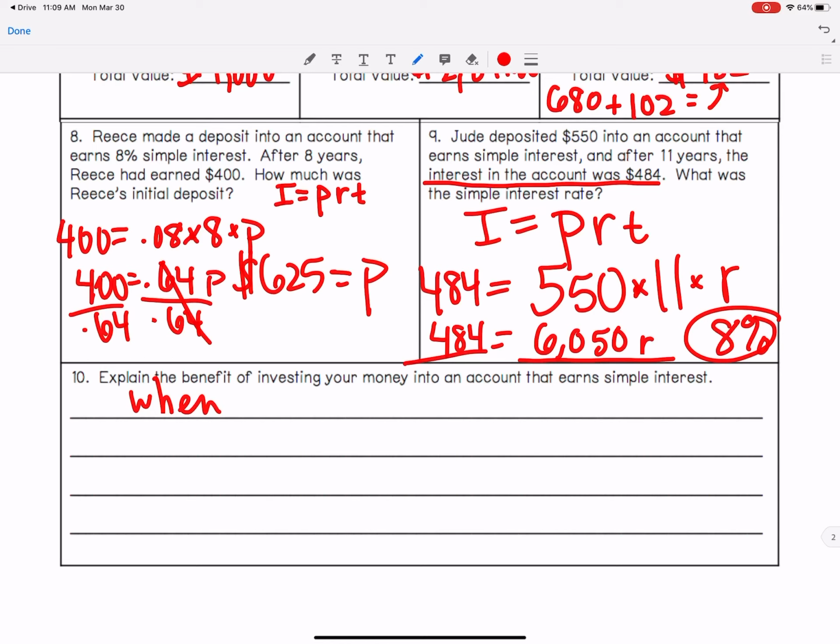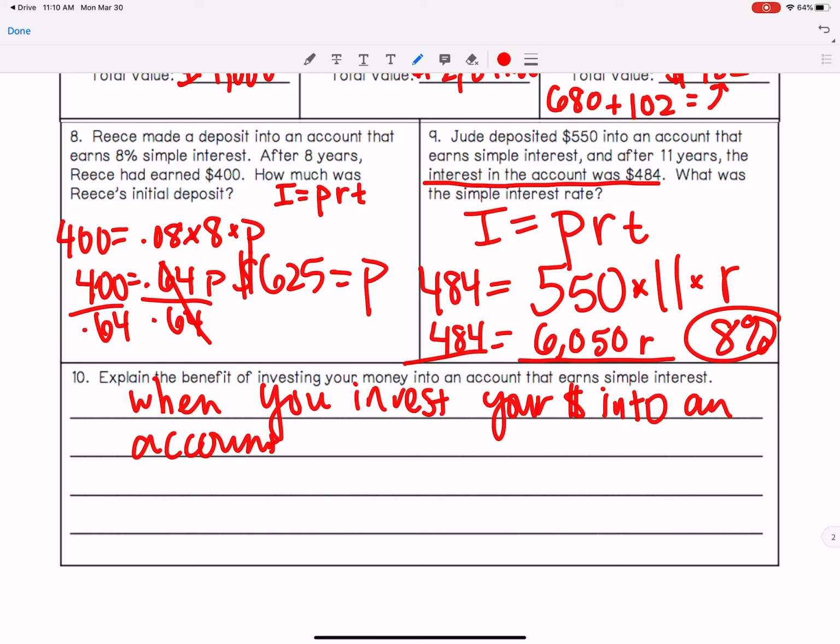So I'm going to say, when you invest your money into an account, and by the way, I would be taking notes of this because you will be able to use them in the future, which is awesome.